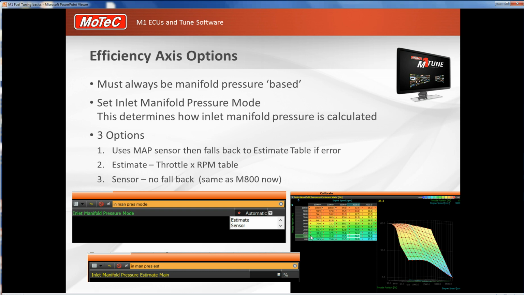A nice way of doing it is to, even if it's only temporarily, connect an inlet manifold pressure sensor either across your multi-throttle bodies or into your plenum and use it to fill out or calibrate this table accurately. You don't have to use that sensor ongoing, but it gives us a real-world estimate of what is the available pressure at the valve at that time.